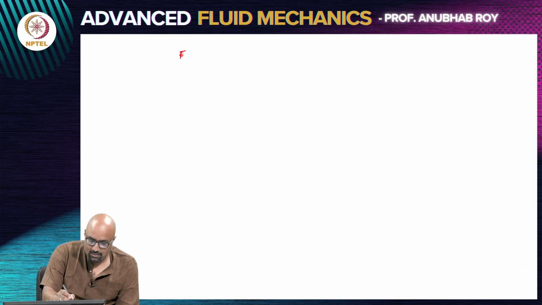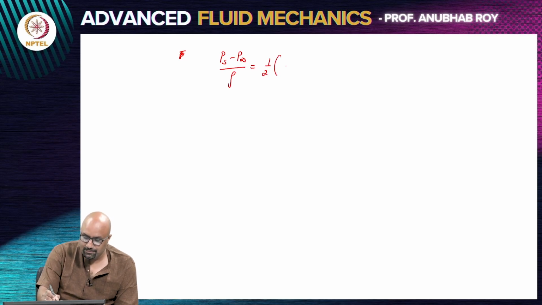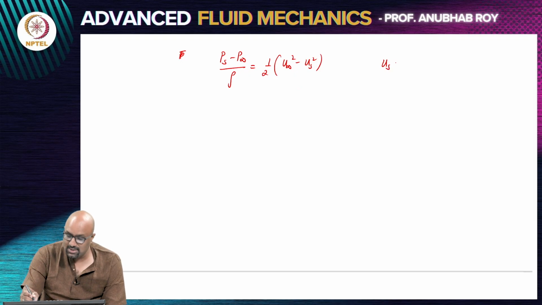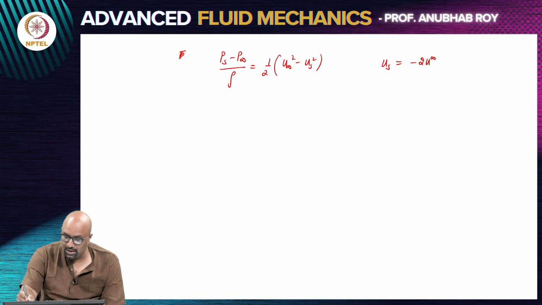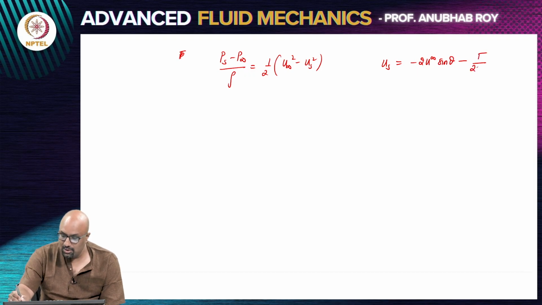So let us just quickly do this formally. P on the surface minus P at infinity by rho is basically half of u infinity square minus us square. Now us on the surface of the cylinder is a little bit messy right now, because us is not just minus 2 u infinity sin theta, there is an additional part which is gamma by 2 pi a.